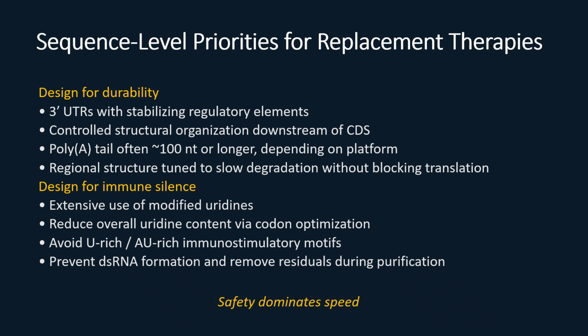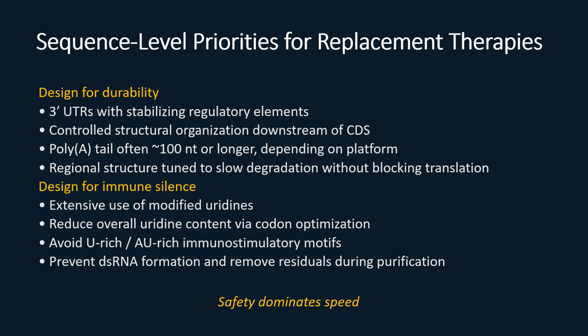Poly(A) length becomes a kind of stability control knob. Most therapeutic designs push around 100 nucleotides or more. Structure is another tuning variable. You want enough to protect the molecule, but not so much that the ribosomes stall. So stability is engineered more regionally, not globally.